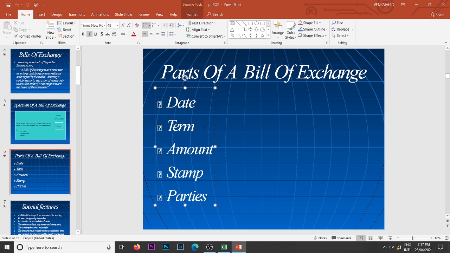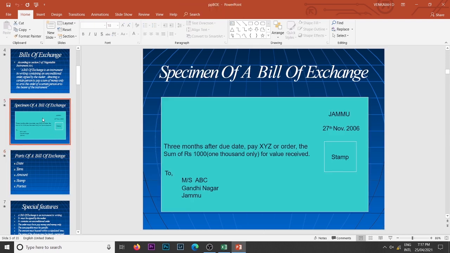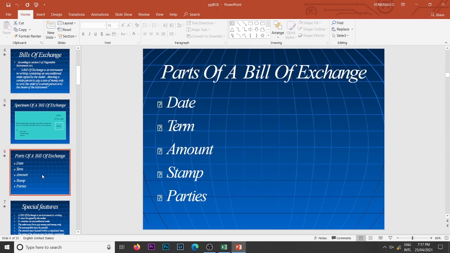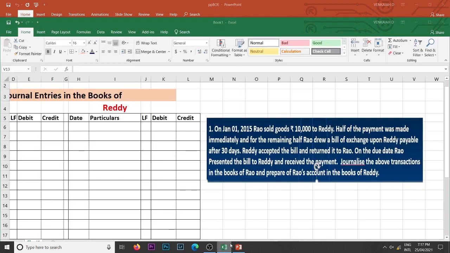The term will be 30 days, that is, 1 month. The amount is 5,000. They will put a stamp and a sign on this format. And the parties are Rao and Reddy.